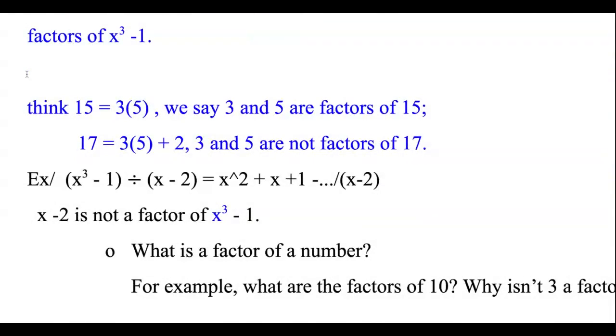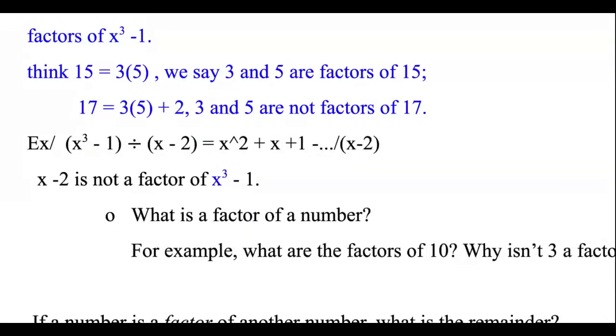Think 15 equals 3 times 5. So we see 3 and 5 are factors of 15, right? But if it's 17, 17 equals 3 times 5 plus 2. So 3 and 5 are not factors of 17. Because the remainder is not 0, the remainder is 2.